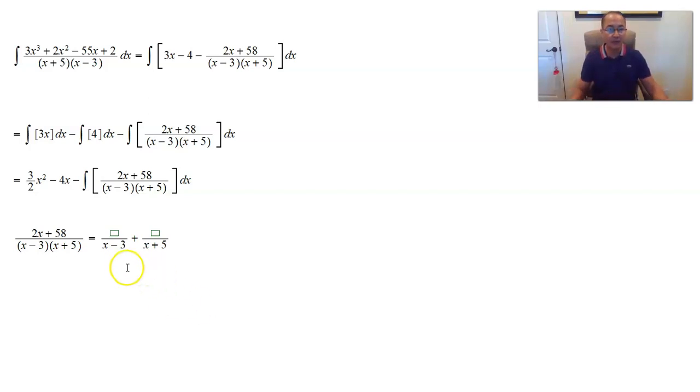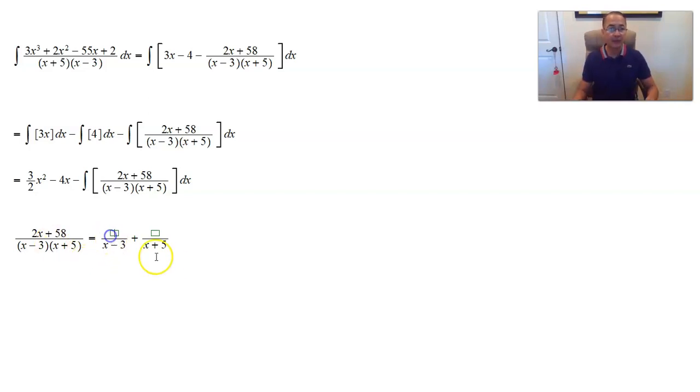This is the simplest form of a problem that requires partial fractions, where you have two distinct linear factors. And what makes this work is that the degree in the numerator is already smaller than the degree in the denominator. Remember, that's how we knew that we need to stop the long division.